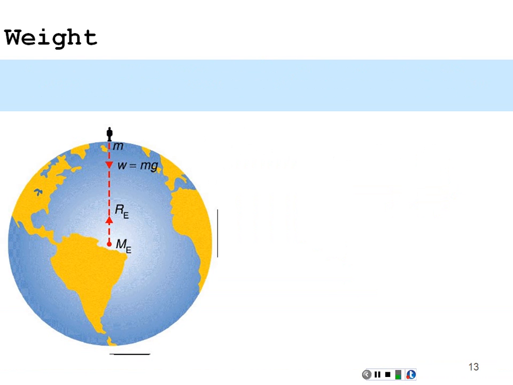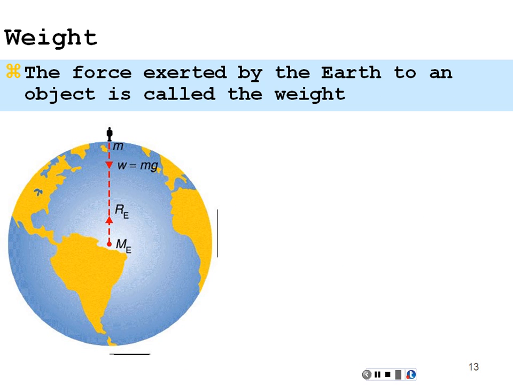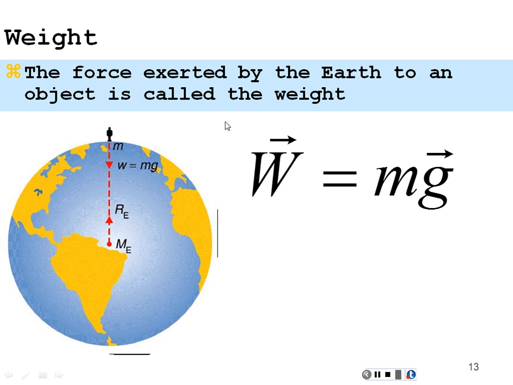Let's take a look at that more closely. The force exerted by the earth on an object is called weight. We're going to identify the cause of this, gravity, in a later chapter, but we've already touched on it in the sense of the gravitational acceleration near the surface of the earth. We say weight as a force is equal to your scalar mass times the gravitational acceleration, 9.80 meters per second squared, down towards the center of the earth.